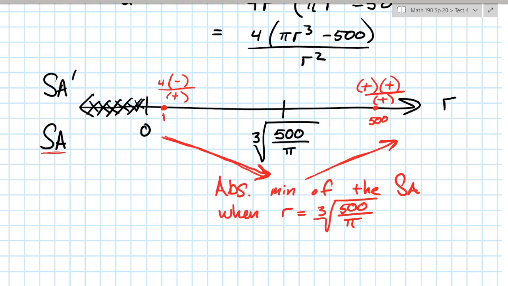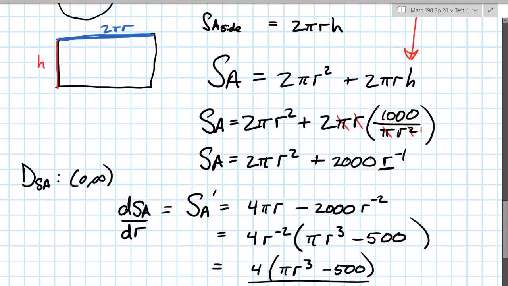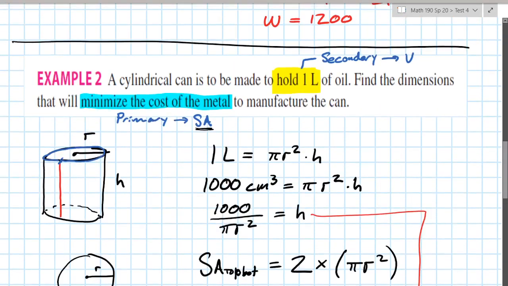And let's make sure we've answered our question. Cylindrical can holds the oil, find the dimensions. So we have found the radius that will minimize the metal. In order to find the dimensions, we also need the height.